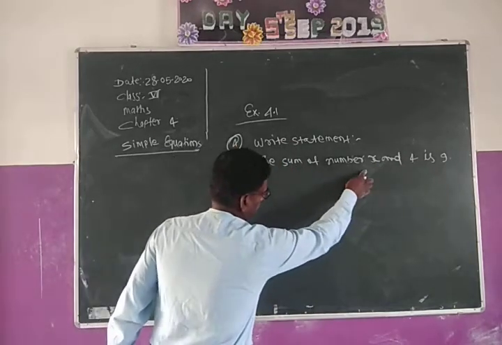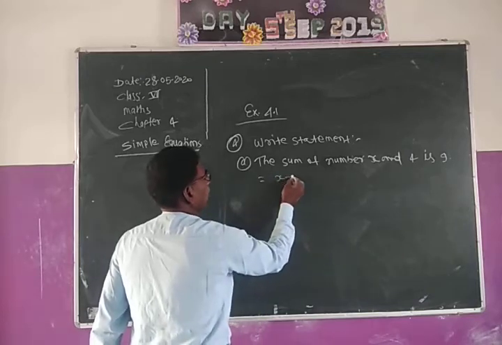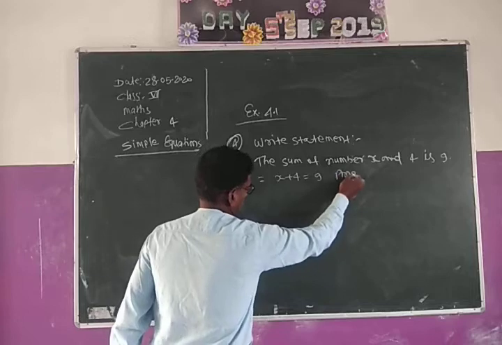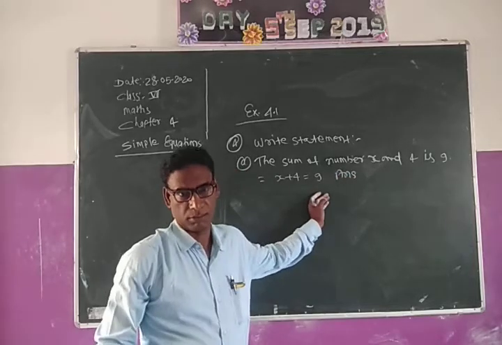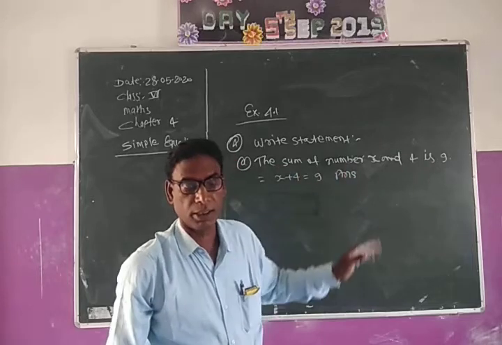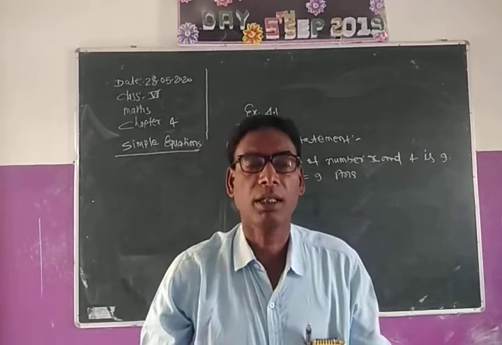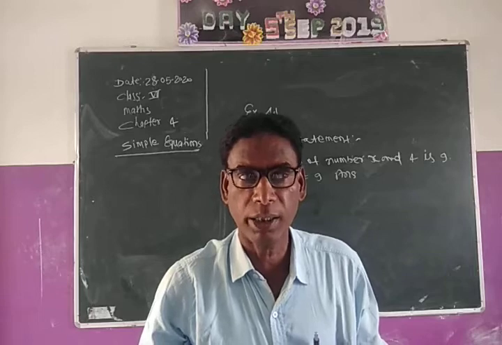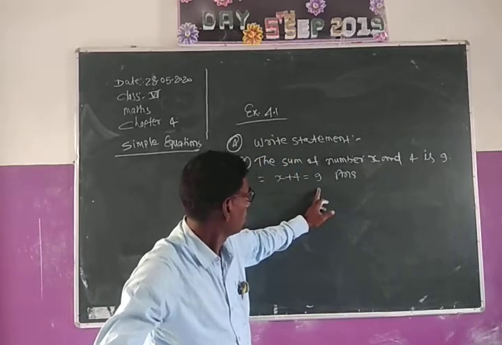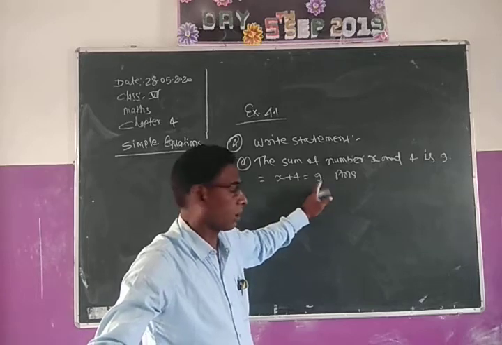Sum of number x and 4 is equal to x plus 4. Result 9. It is the answer. The question is in the form of a statement and your answer will be in the form of an equation. x plus 4 is equal to 9.